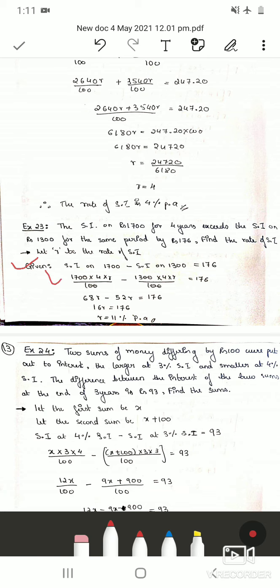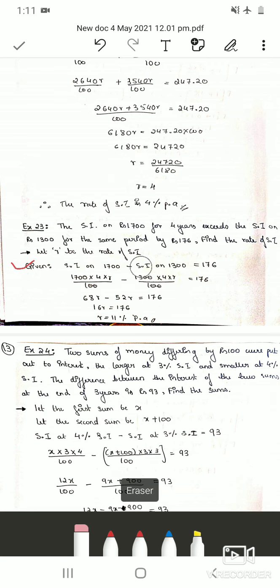So we'll substitute the given terms in the formula of simple interest, that is PNR by 100. Here P is 1700, N is 4 and rate is R. In this case, principal amount is 1300, period is the same 4 and rate of interest is also the same R. This 100, these 2 zeros and these 2 zeros will get cancelled.